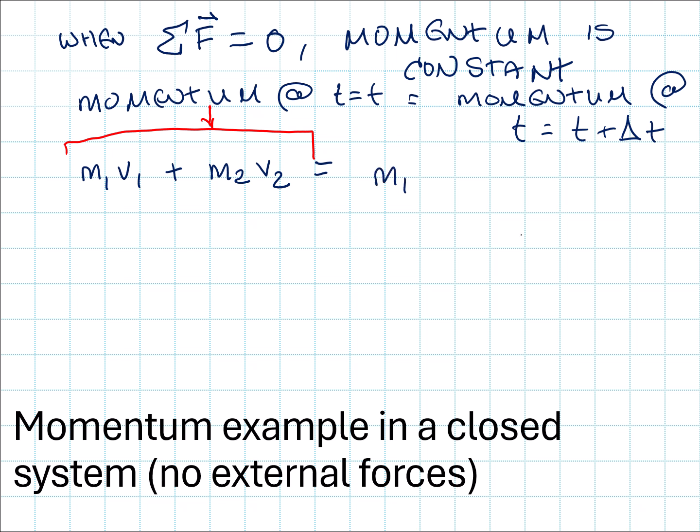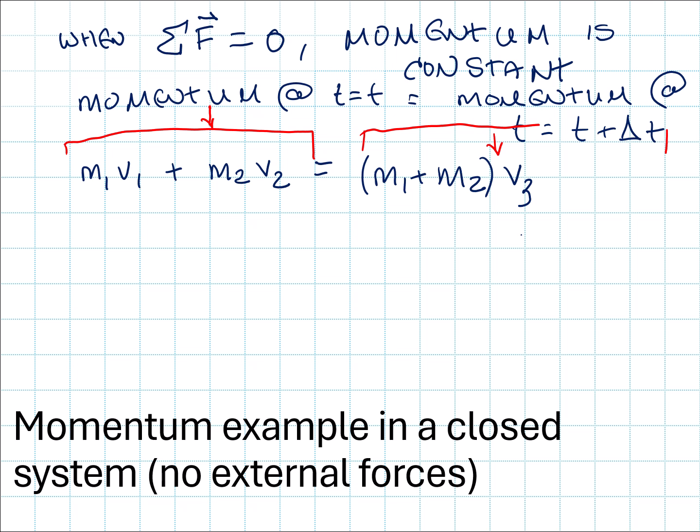Now my mass hasn't changed. The mass of my two bodies is unchanging, but now they've been combined into one body and they're moving at my unknown speed. I'll call it v3. Right, so this is my representation of momentum at time equals t plus delta t.